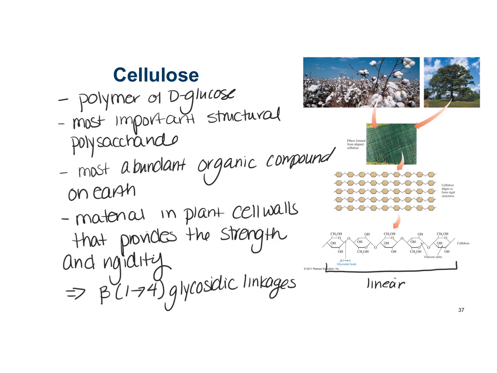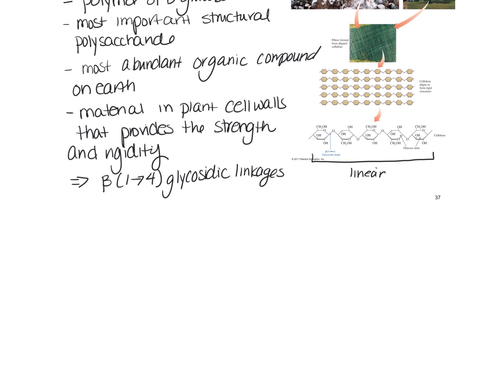Now, the beta 1,4 glycosidic linkage means that we cannot digest this. We don't have the enzyme that digests this. Right? And what it also means is that animals that do use cellulose as food only do so with the help of a bacteria that has the enzymes for breakdown.